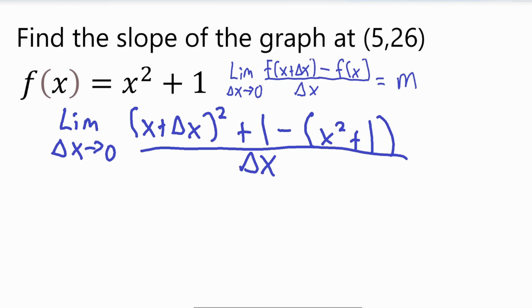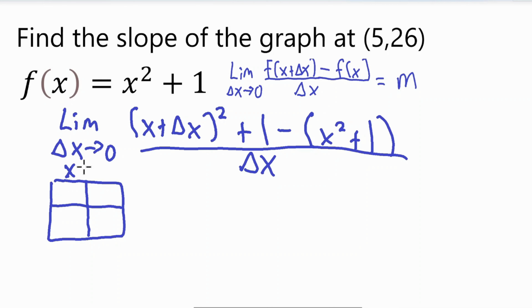So now let us simplify. Let's multiply everything out and distribute the negative. How do we do (x plus change of x) squared? Well, I'm going to be using the box method for this. There's various methods you could use, but I'm using the box method. To use the box method, you draw a box. Depending on how many terms there are, there's 2 terms here, and since I'm squaring it, I have 2 boxes on each side.